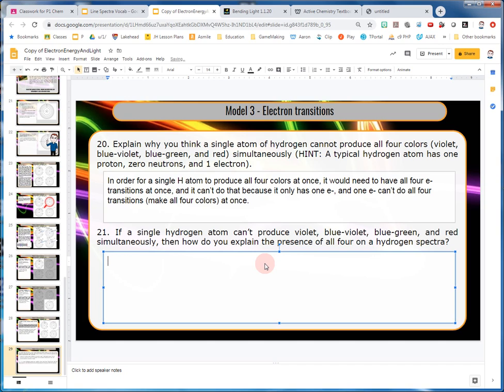well, four colors are being generated by billions, maybe even trillions, maybe even quadrillions, I don't know. Billions of H atoms.